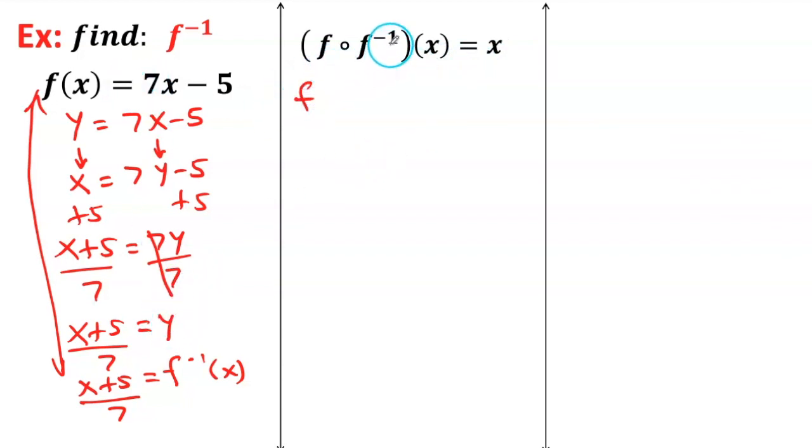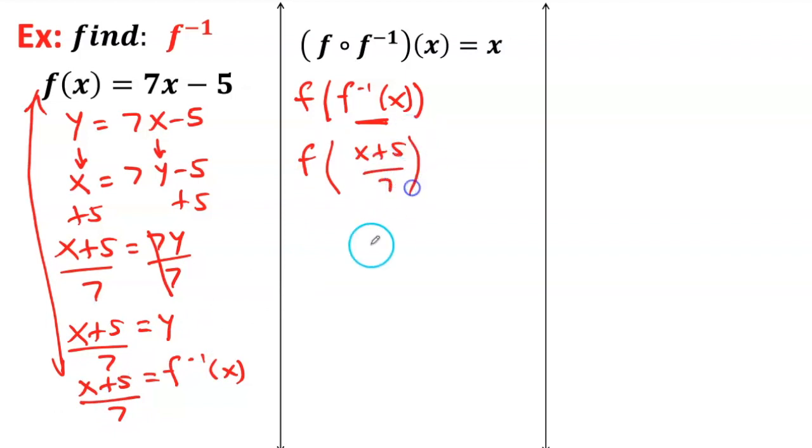F of f inverse of x. So I'm going to rewrite this as the composition of function. Why? Because I want to replace the inside function. By the way, check this video, composition of functions, composite functions. I replace the inside first, which is my inverse. My inverse is x plus 5 over 7.